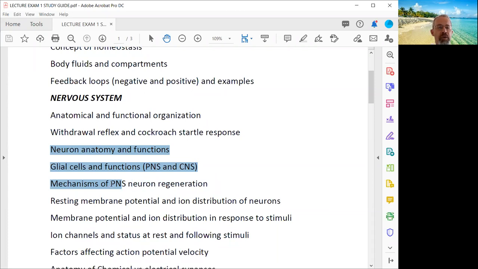Speaking of repair, we did speak about how Schwann cells contribute to the repair of PNS neurons. You should know that mechanism as well.